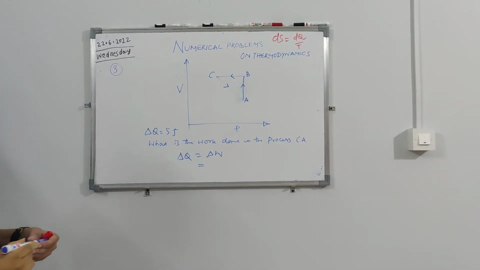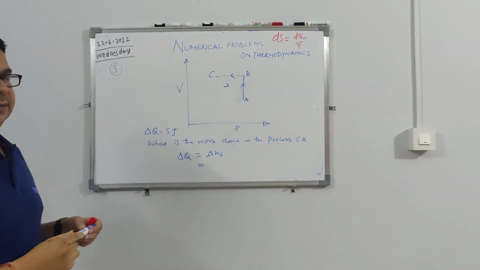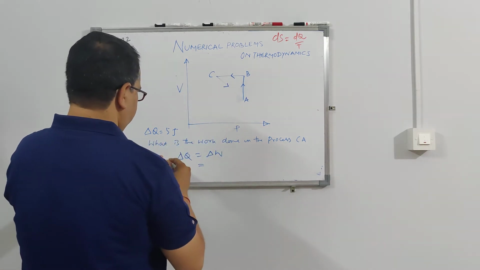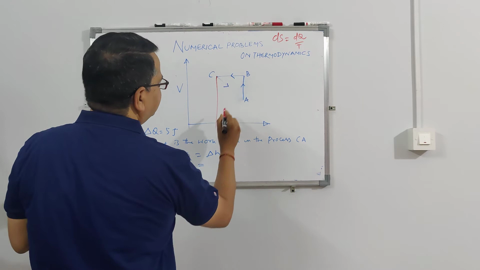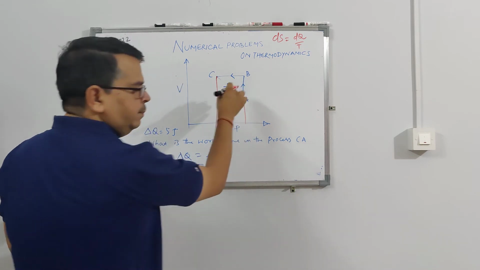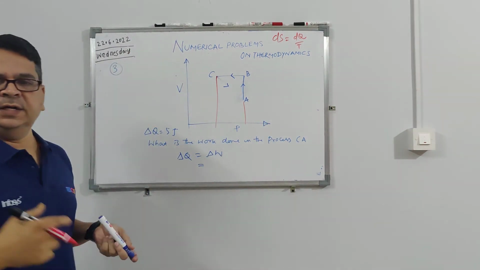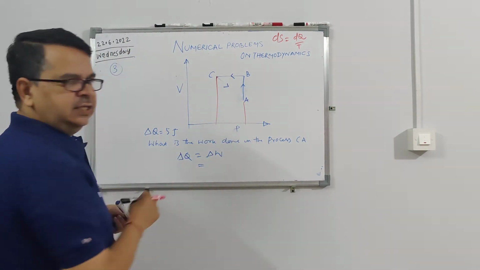For BC, what will be the work done? The complete area under the curve. But from A to B, the work done is zero, because there is no change in volume.